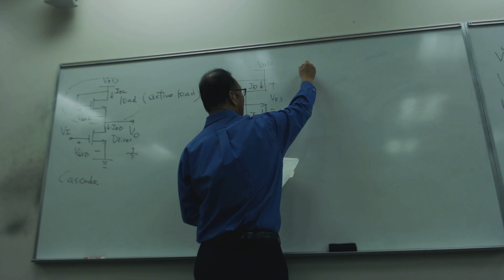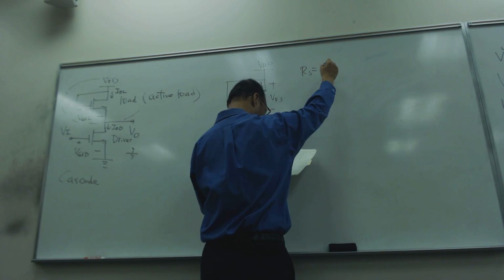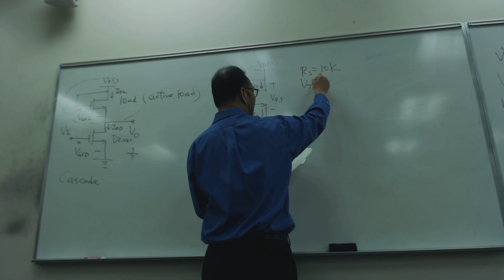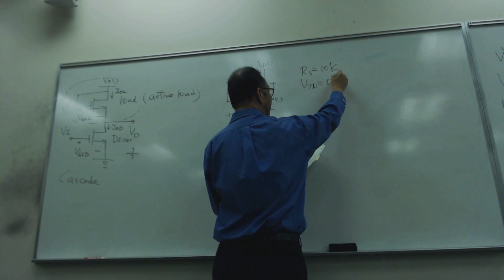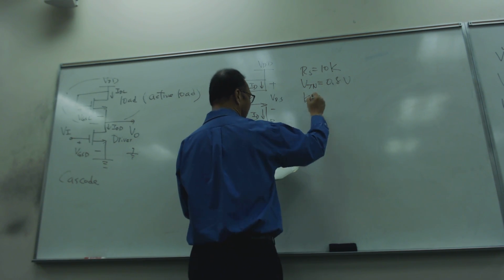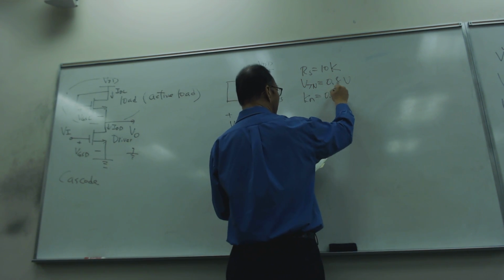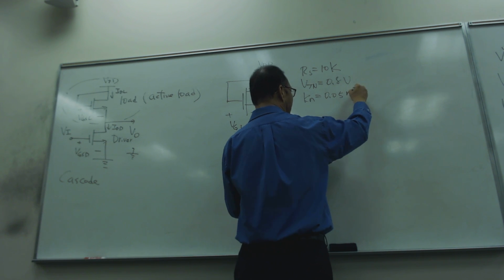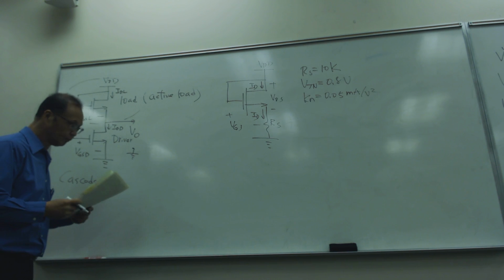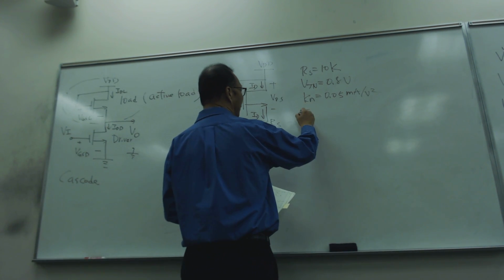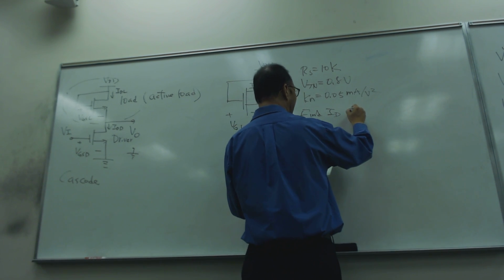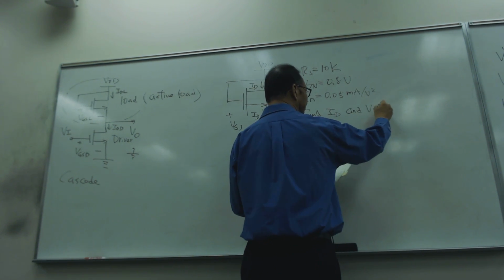So we know R equals 10 kilo-ohm. VTN of the MOSFET is 0.8 volt. Kn is equal to 0.05 milliamps per volt squared. So let's find ID.